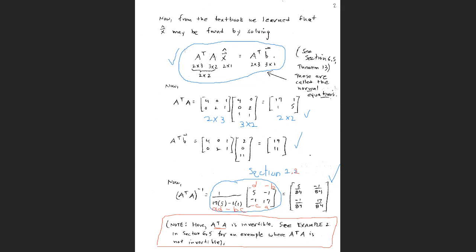But in our case here, we're going to take advantage that A transpose A is invertible. And it's invertible, incidentally, because the column vectors of the matrix A are linearly independent. In the homework, you're actually going to prove that result as one of the multiple choice questions. I think you are.